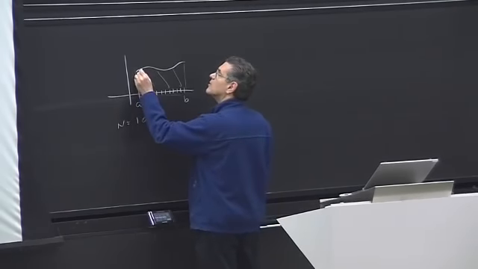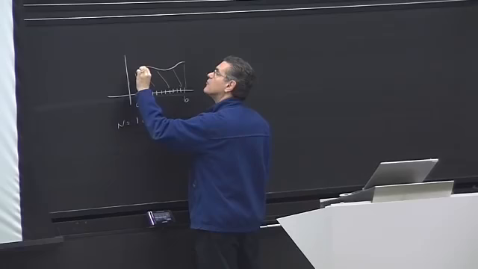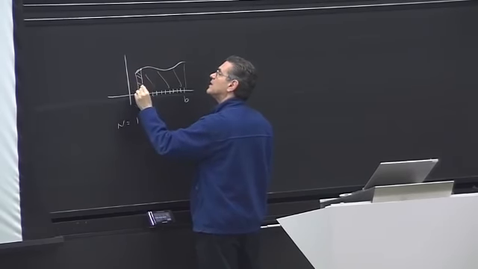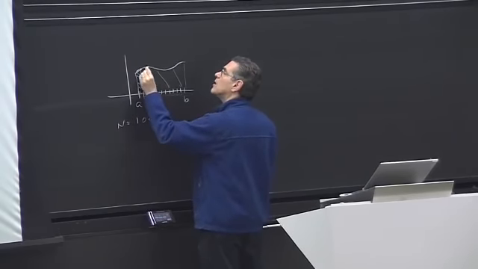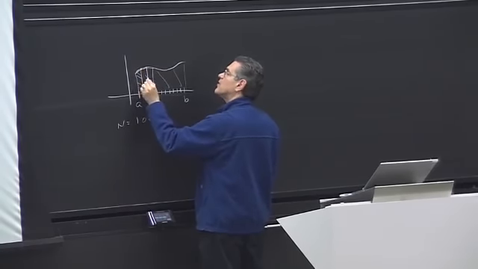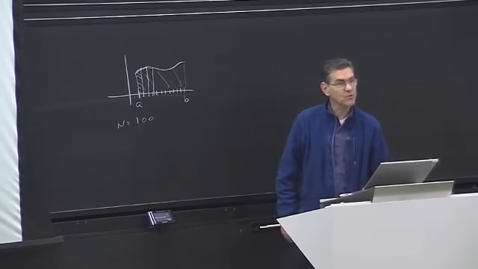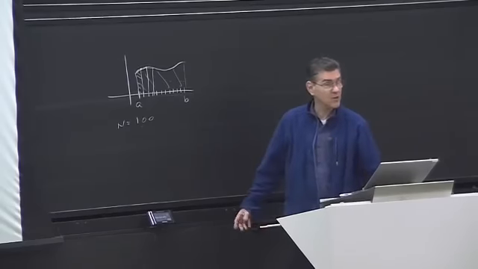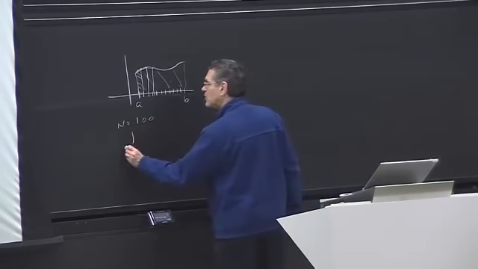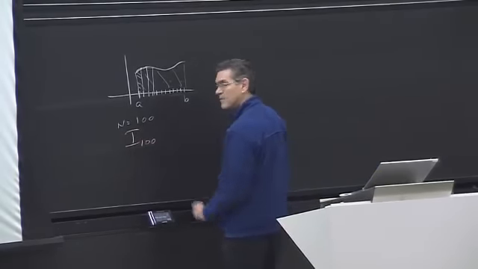You just draw a trapezoid, and you find the area of that trapezoid, and then you draw another trapezoid, and we have 100 trapezoids, and we add up the area of those trapezoids, and that's it. That's our approximation. That's not a very good approximation, but it's an approximation. And we'll call that integral I100.